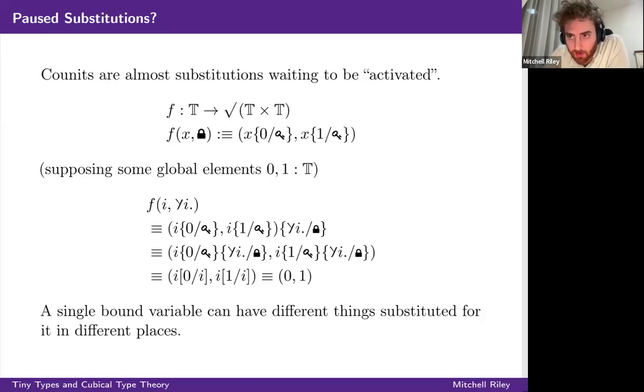Okay, so these co-units, these things which give us access to a variable from the context, are pretty close to being substitutions which just sit around waiting to be activated.